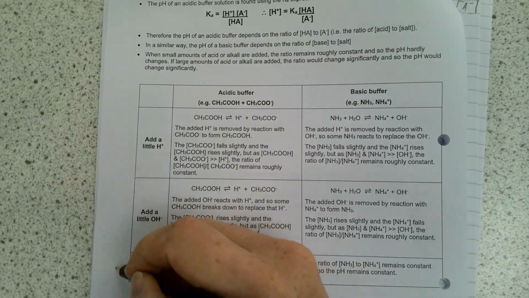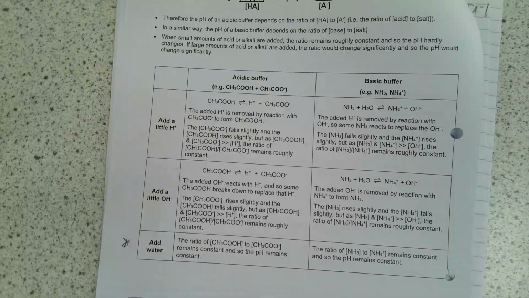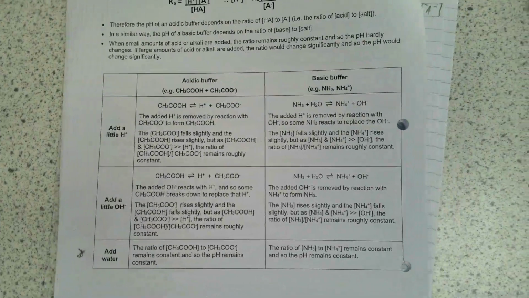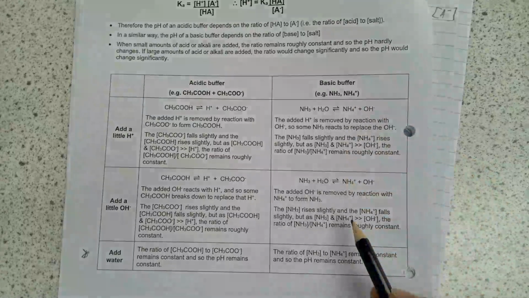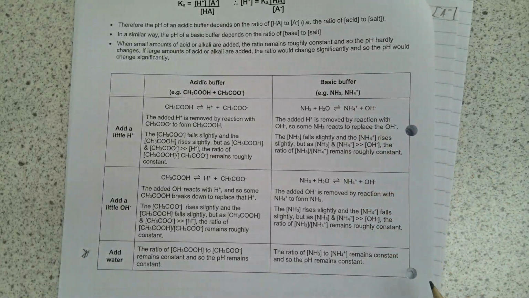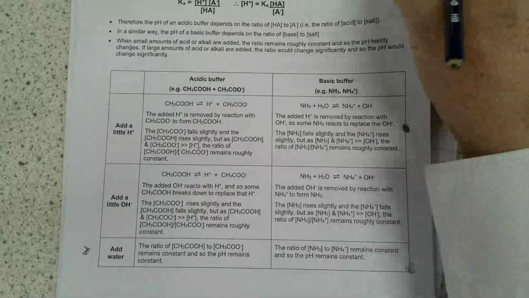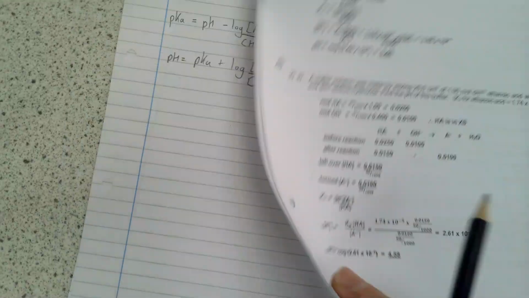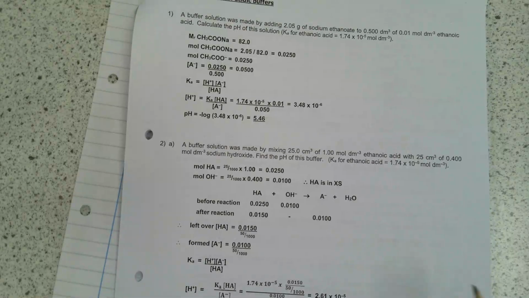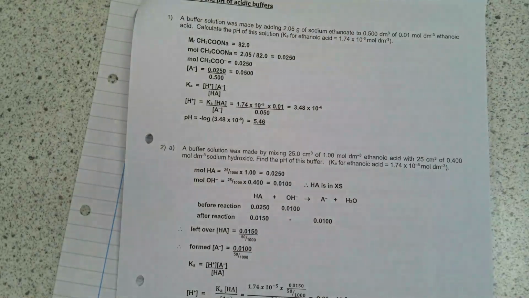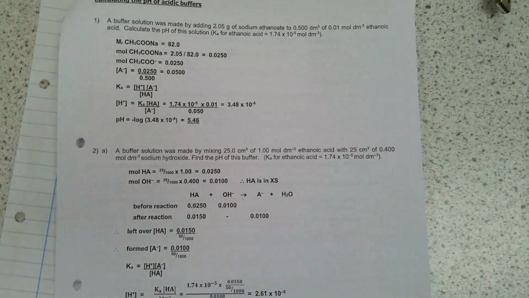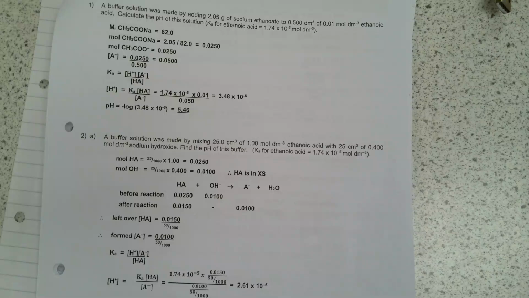There is this extra point in A-level syllabuses about what happens when you add water as well, so that's in there. And there's a whole load of stuff about how basic buffers work, and it all aligns. So you've got some notes there if your notes aren't great. But what we're going to do is learn how to calculate the pH of acid buffers. And there's a nice worked example or two on page 23 as well that you can refer to.